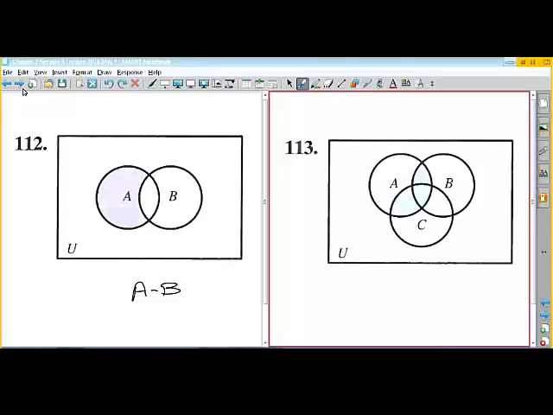So again, we're breaking it up into little parts and then constructing it back together.